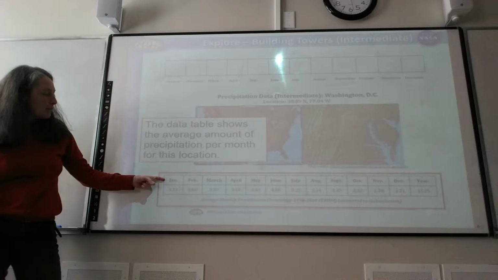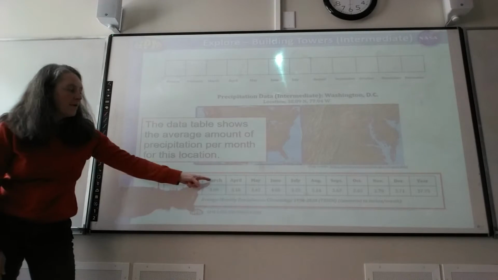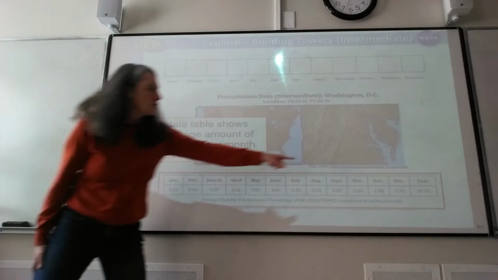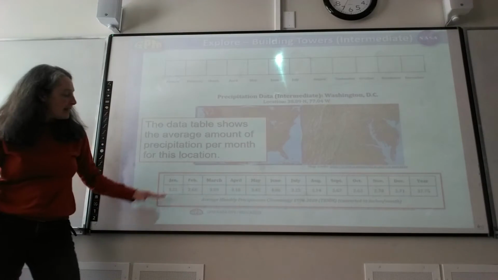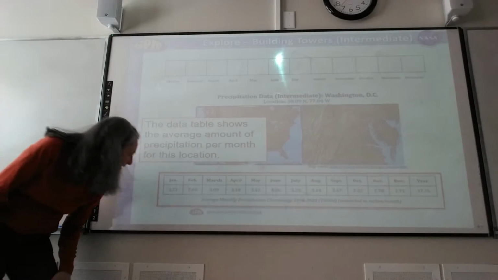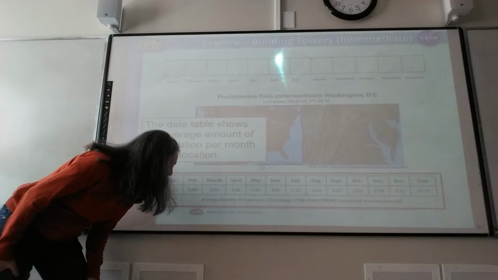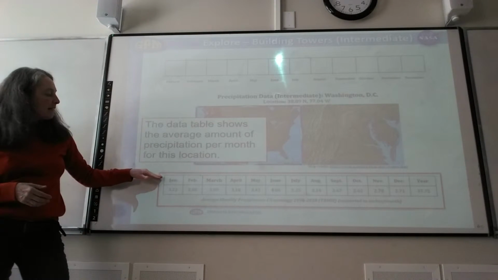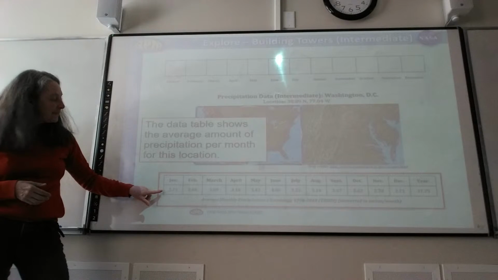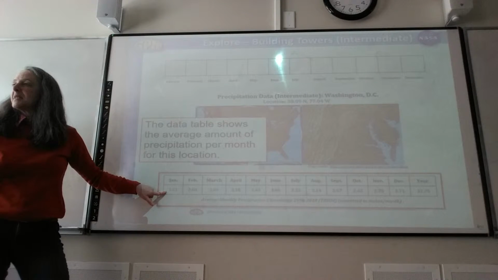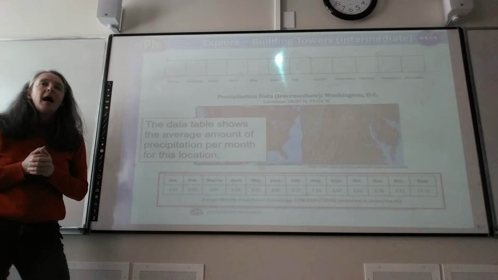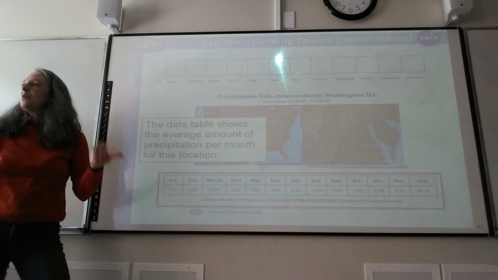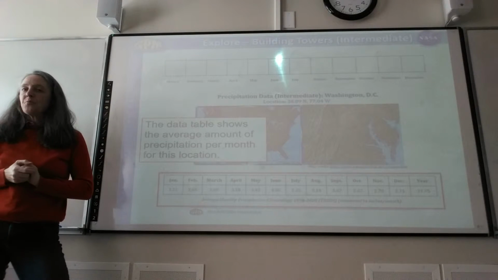And if you look at the top, you'll see that it goes January, February, March in that top row and extends all the way to December. And then the bottom row contains numbers such as 3.22, 2.68 in my case. On your sheet, you'll have the months, but the numbers will be different because it's specific to your location. By the way, these numbers, what are we dealing with? What are we measuring this precipitation in?